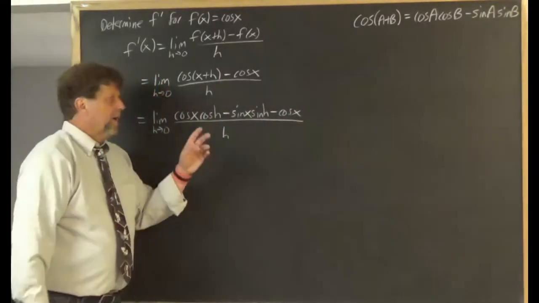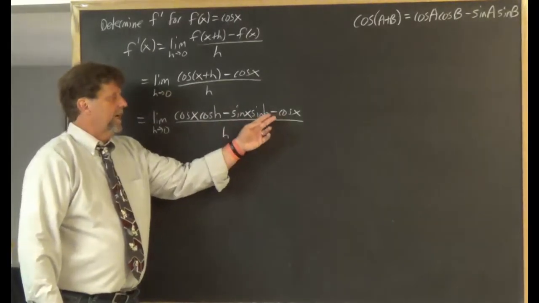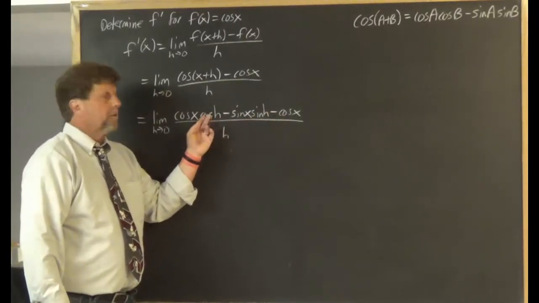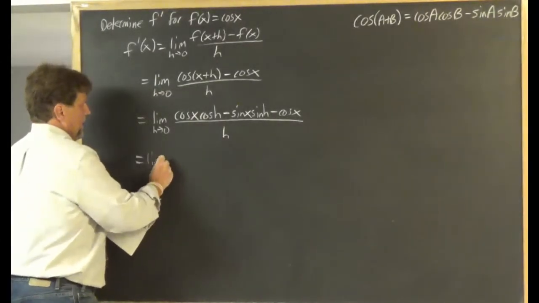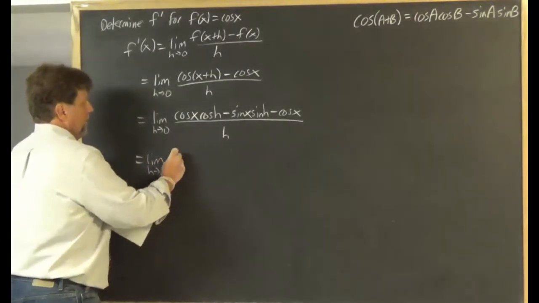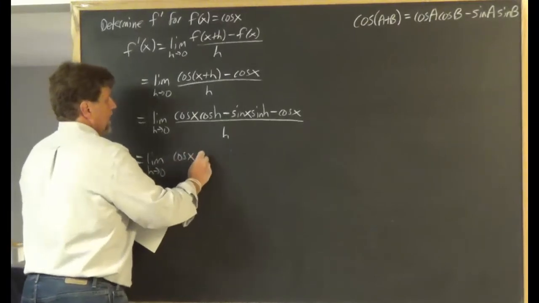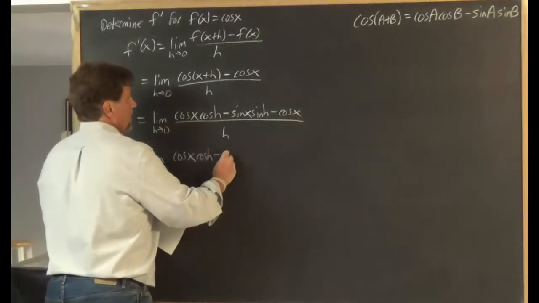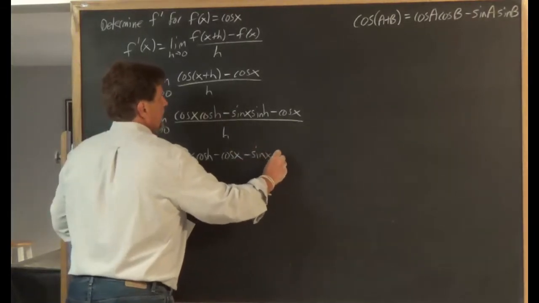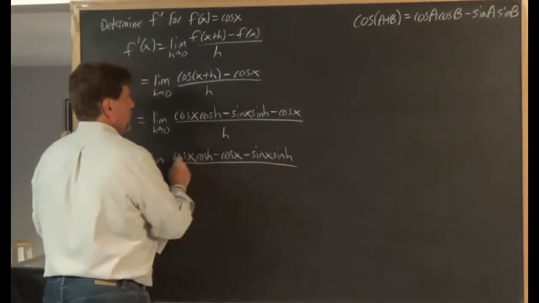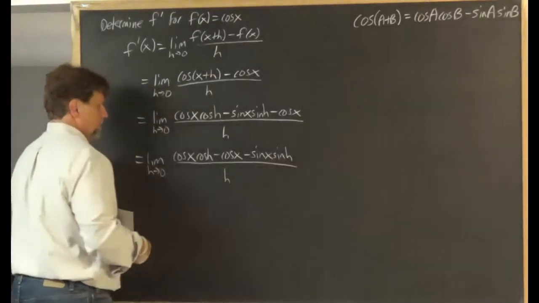And I'm going to rewrite this numerator because this cosine x wants to get a little closer to this term, which contains a cosine x. So let's just rewrite the numerator as cosine x cosine h minus cosine x minus sine x sine h all over h.